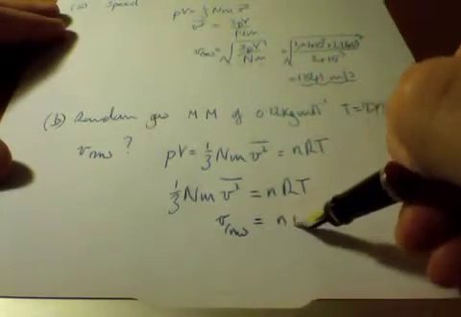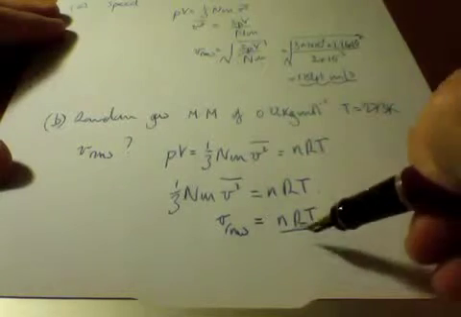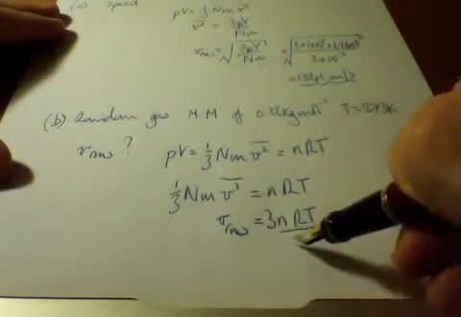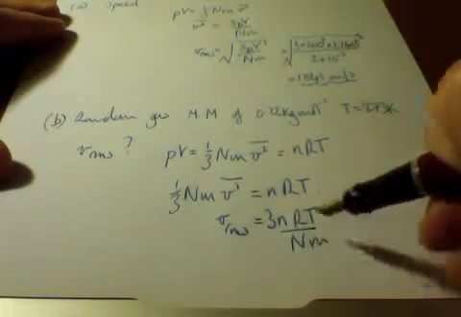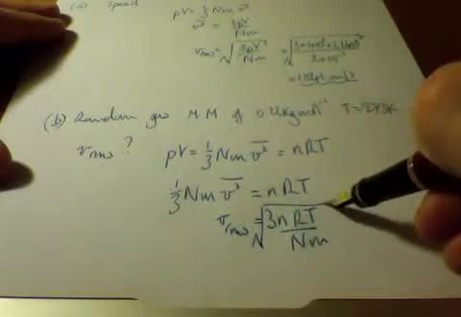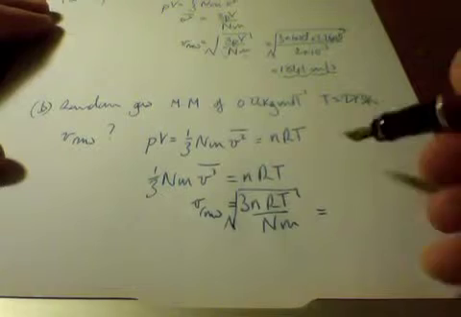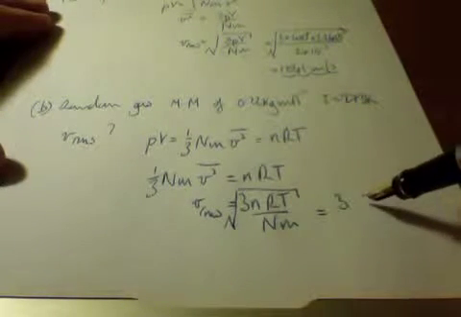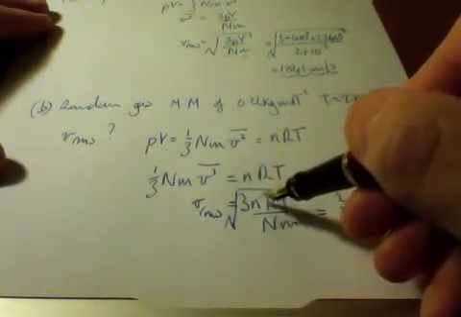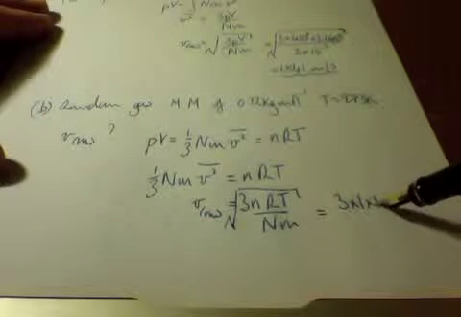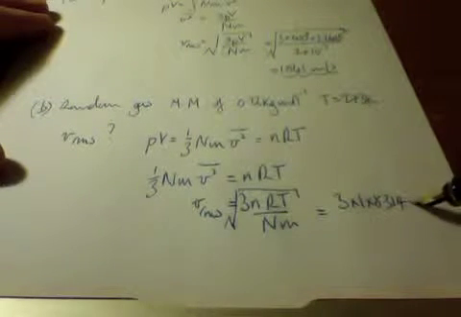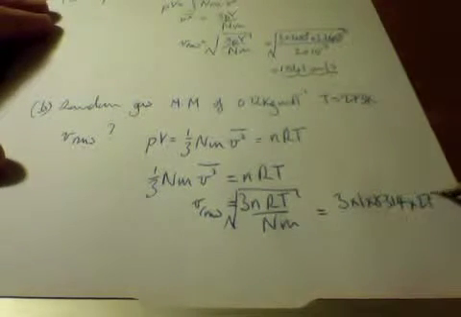Let me rearrange first so I can describe it a little bit more. 3 lots of it, divided by NM, and square rooted. Obviously 3, we can't change that. This is 1, because we've got 1 mole of gas. 8.314 is our gas constant, and we're at 273 Kelvin.